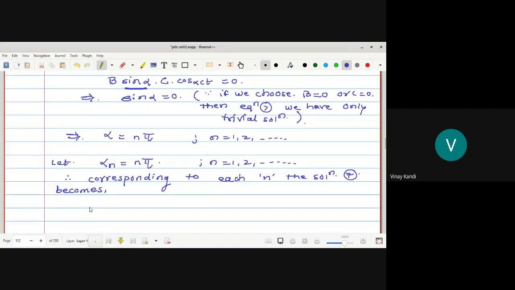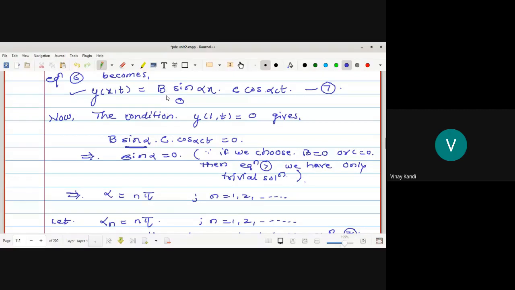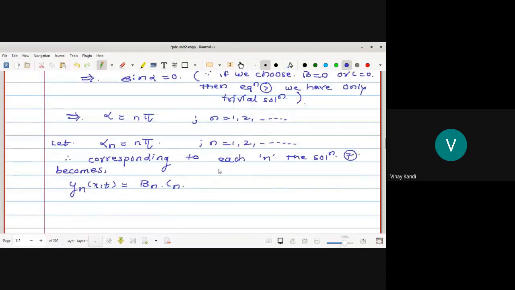for each value of n, I will get a different y: y1 of x t, y2 of x t. So we write y_n of x t is equal to, instead of b I write b_n, instead of c I write c_n. For each value of n I get a different b and c, so a different solution. So b_n and c_n into sin alpha_n x into cos alpha_n c t. Now b_n into c_n is a constant, and a product of constants is again a constant.